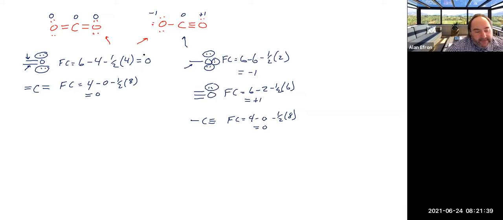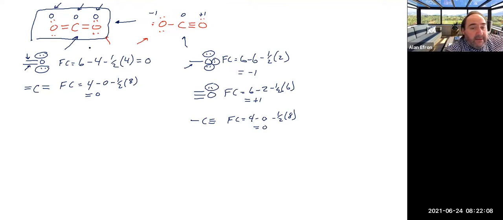So here we could see that for CO2, which is carbon dioxide, this structure over here is obviously the better structure. All of the formal charge has been minimized to 0. Here, not terrible, but again, not as good as this structure. So that's why when we see CO2, it is double bonded on both sides, not triple bonded.